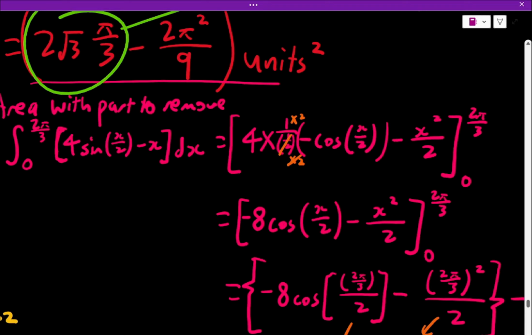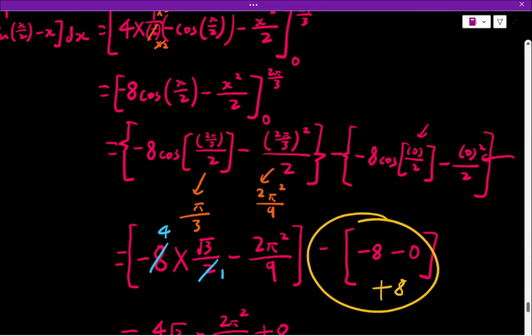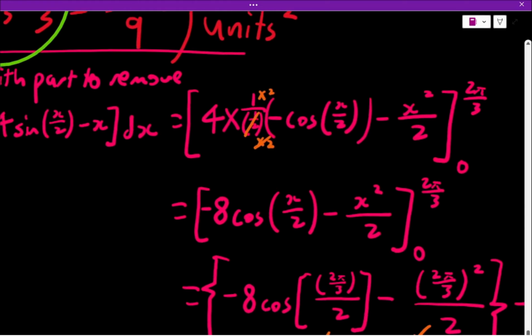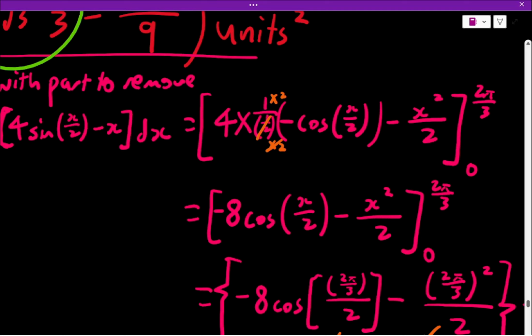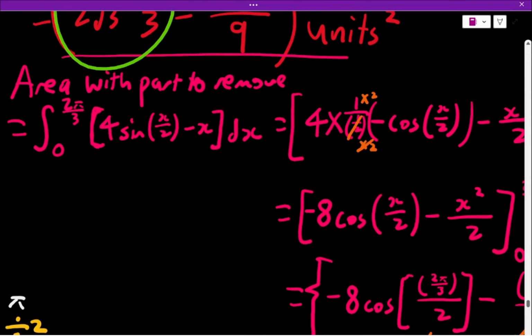When you integrate from 0 to 2 pi, it gives you a negative cosine, because when you differentiate negative cosine, you get sine.